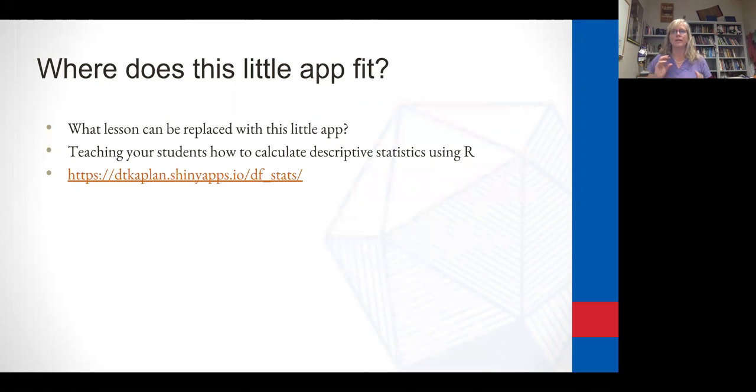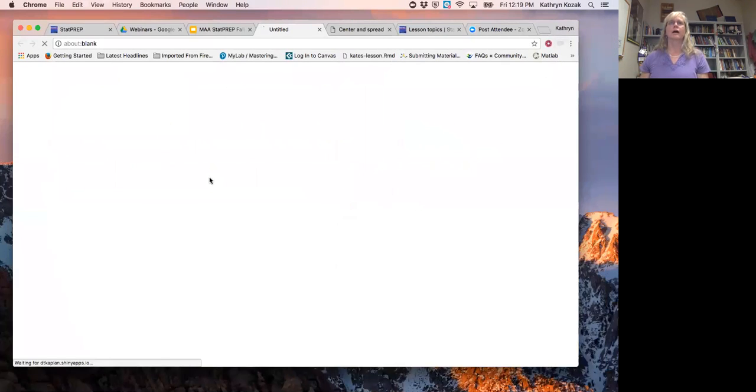I'd rather have them have an intuitive idea of what those are. So that's where it would fit in, replacing my discussion on how to calculate these with more of an intuitive idea behind them. And then if you do want to teach your students how to do that in R, we do have a classroom lesson or a tutorial for that. So I'm going to open that one up.